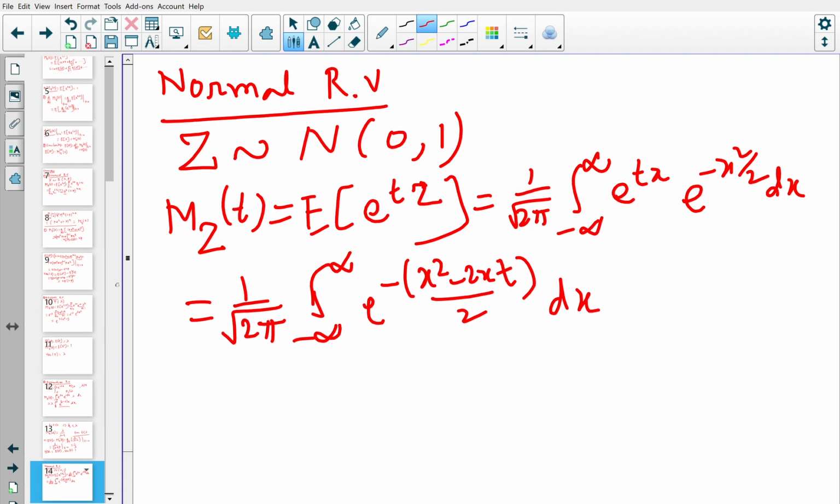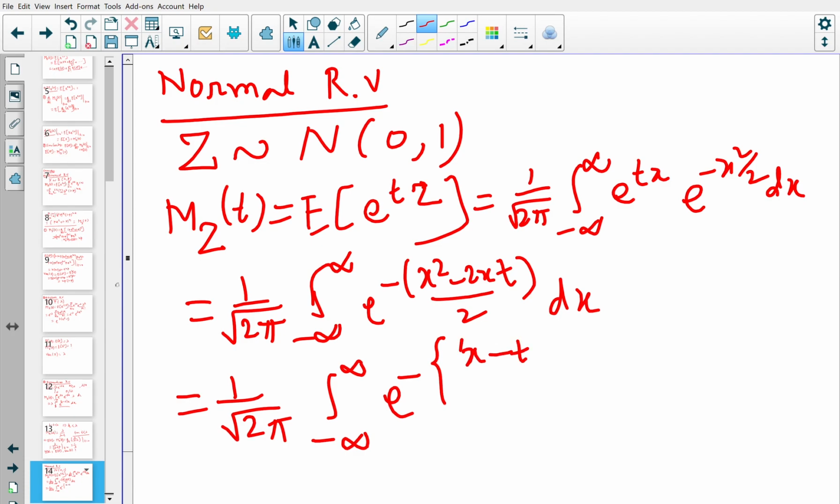Okay, now we will do some calculation here. For the exponent, you can write x minus t whole square, so we add and subtract t square by 2.